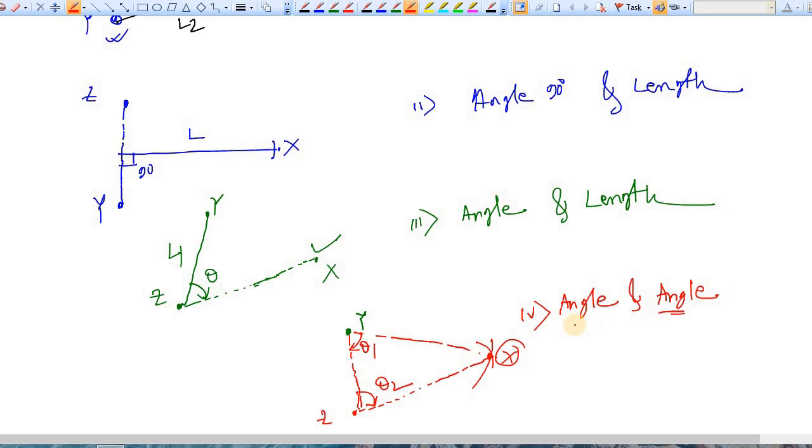So this is all about the principles of surveying.